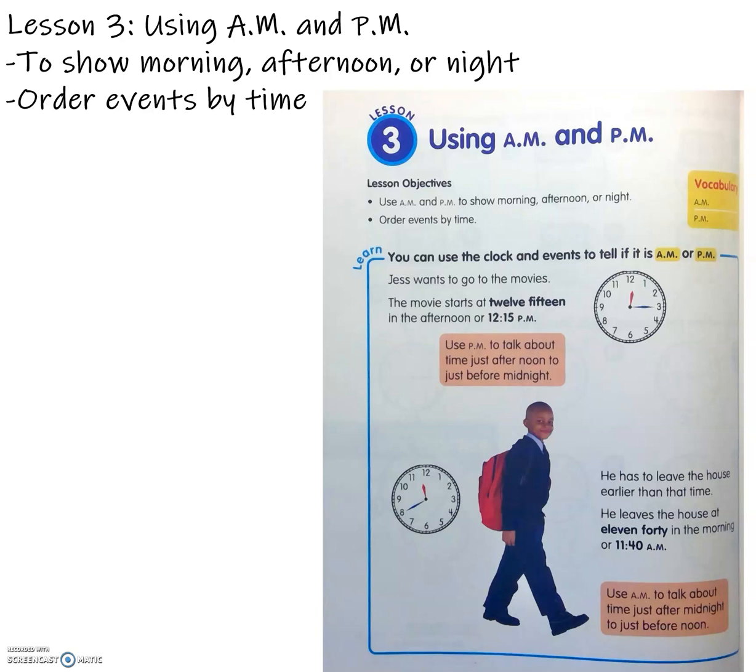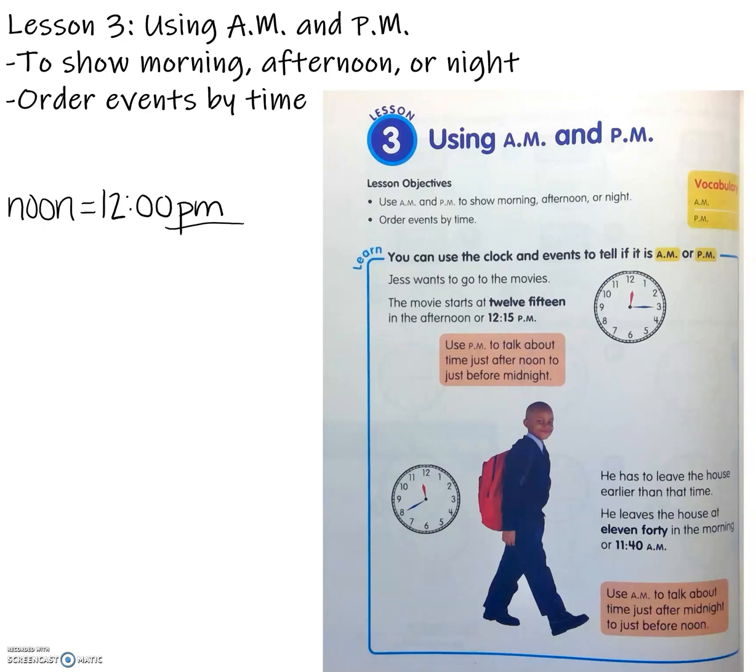Now, midnight is when the clock is at the 12 at night. And noon is when the clock is at the 12 during the day. And when it's noon, that means it is 12 p.m. And noon is the start of p.m., which means afternoon.